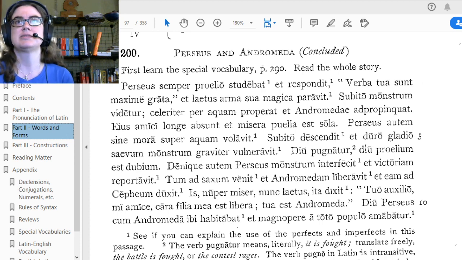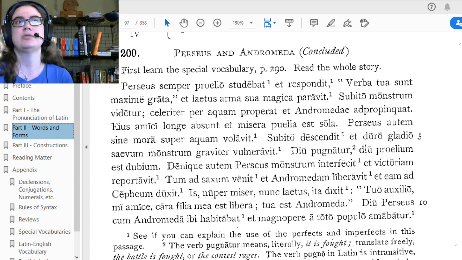It hastens and it gets closer to Andromeda. All right, her friends, eius amici, are long absent. Longe absunt, are far away. Kind of depends on how you want to understand absent. And the miserable girl, misera puella, is alone.